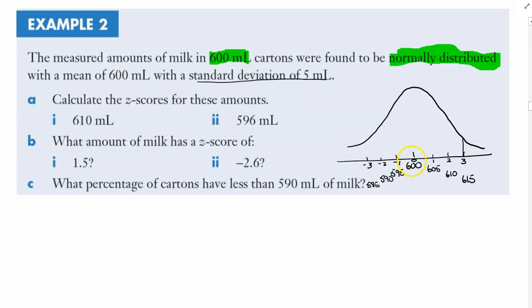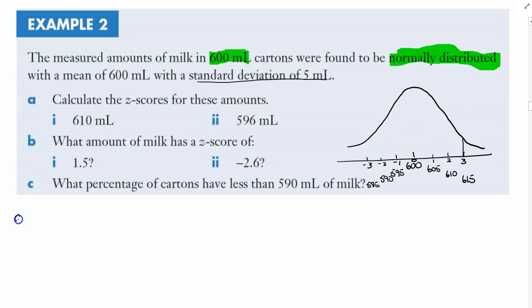And you can see now I've completed the other side of my normal curve with Z-scores at -1, -2 and -3, keeping in mind that Z-scores don't have to be whole numbers. We can see that at -1 there would be 595 mils of milk, but it could be possible to have 598. And if you had 598 mils of milk in the carton, then you've got a Z-score between 0 and -1 in between there.